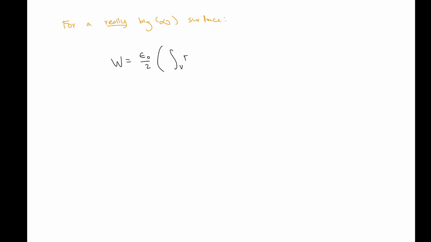This is our volume integral over E squared d tau plus our surface integral, and this one is going to go to 0. The reason is because V and E go to 0 at infinity.